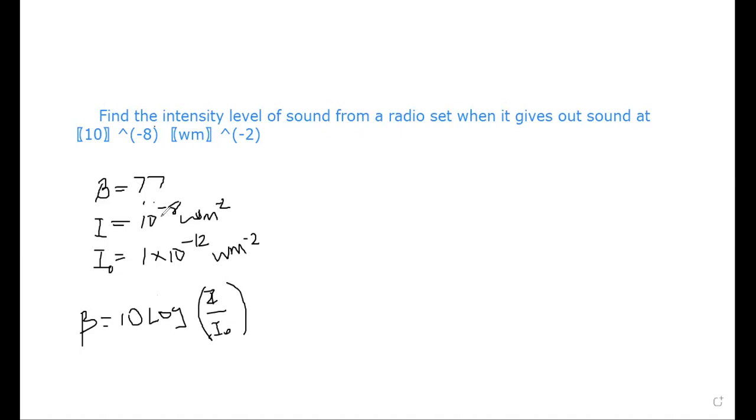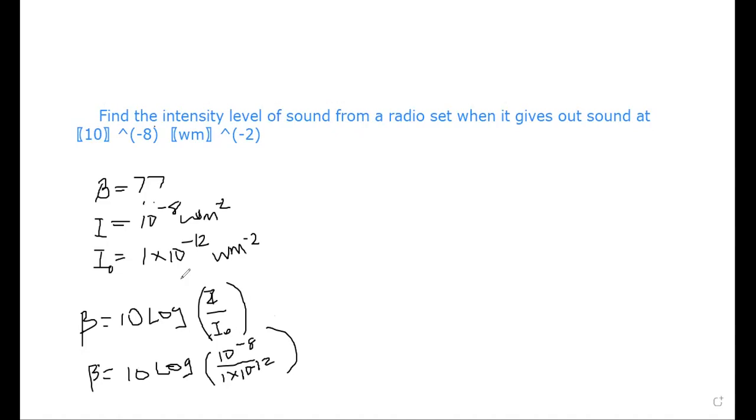We are now going to substitute these values into the expression. So we would have beta equals 10 log 10 to the power minus 8 over 1 times 10 to the power minus 12.